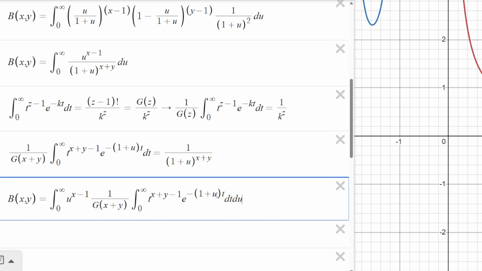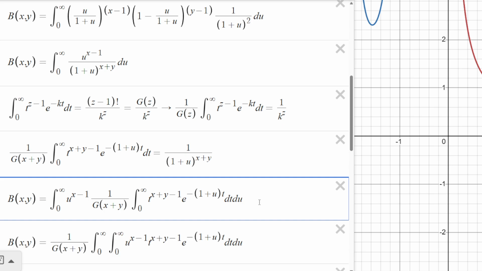Now what we want to do is we can bring out this 1 over gamma of x plus y outside of the entire thing, since it doesn't depend on t or u. And also, both our bounds of integration are 0 to infinity, and there are not going to be any convergence issues, so we can play around with the order of integration all we like.